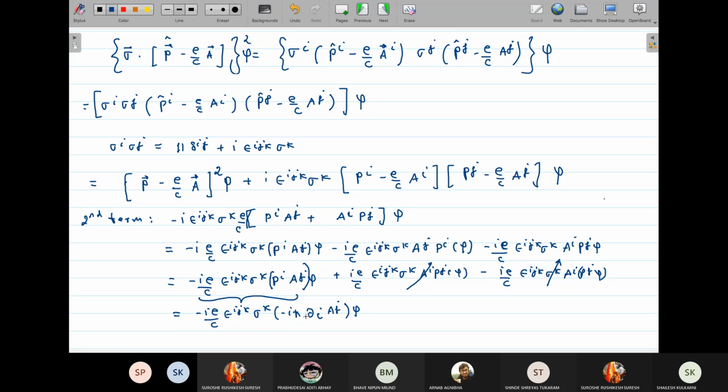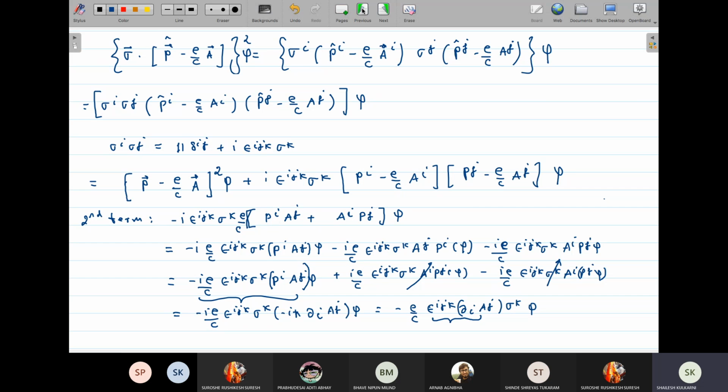Okay, and so this will be minus plus i square minus, so minus e by c epsilon ijk del i Aj, then sigma k and phi. Sigma k, I can write it here or here, it doesn't matter. Okay, but what is this? This term is nothing but Bk. Epsilon ijk del i Aj, A is the vector potential. Epsilon ijk del i Aj is basically Bk.